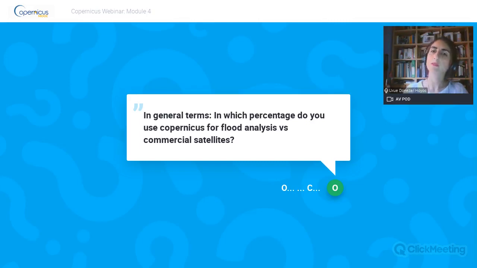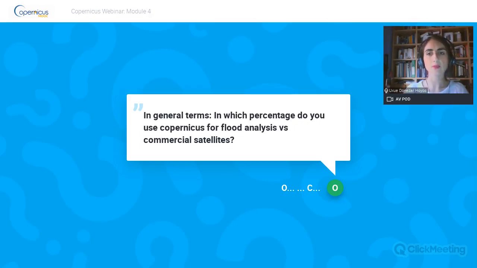I think we have used it more than maybe 80% of the times. Because there's something that has happened with SAR data. We are now very used to having it because we have Sentinel-1 data, and that is very nice. But I've been working in remote sensing for 15 years now, and up until now, SAR data wasn't so available. We have also used Cosmo, RadarSat and TerraSAR, but they are not so easy to find.